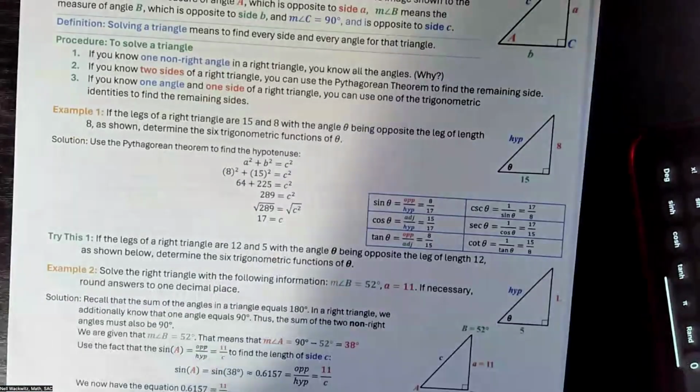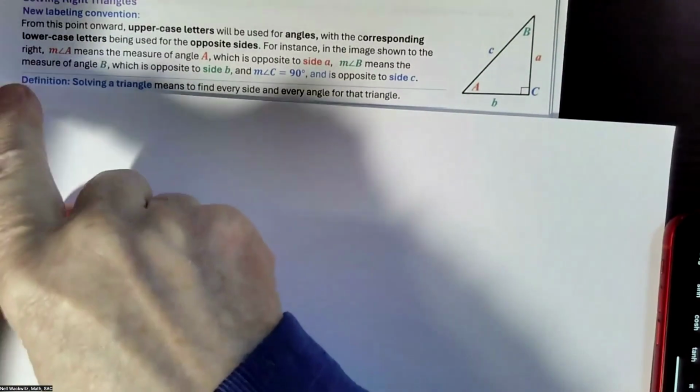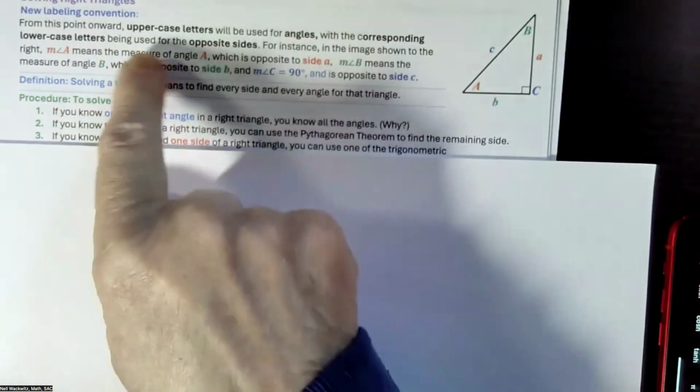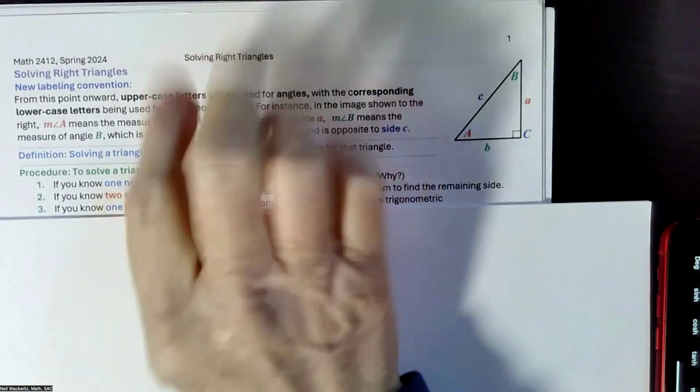All right, solving right triangles. You might think to yourself, well, we've done that. We've solved right triangles. We haven't really solved triangles at all. So first of all, we are going to have a new labeling convention. This is super important.